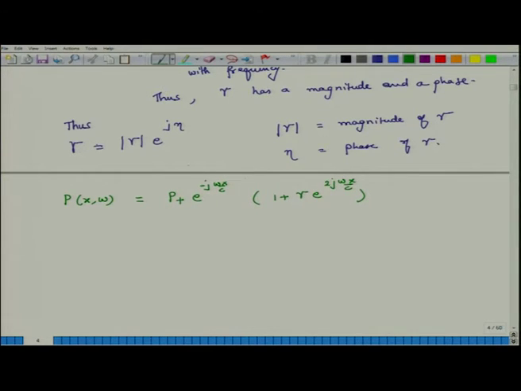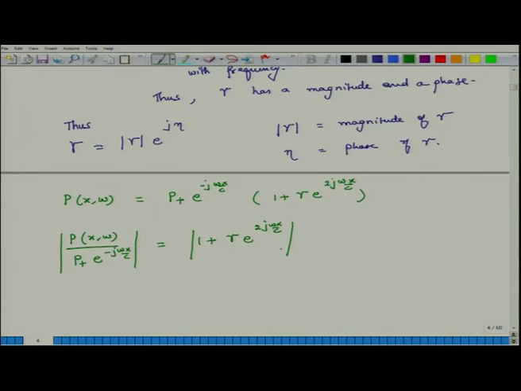What I will do is divide both sides by P plus times e to the minus j omega x over c. So, I get P of x, omega divided by P plus e to the minus j omega x over c, and that equals 1 plus gamma e to the 2 j omega x over c. And then I take the modulus of both sides.